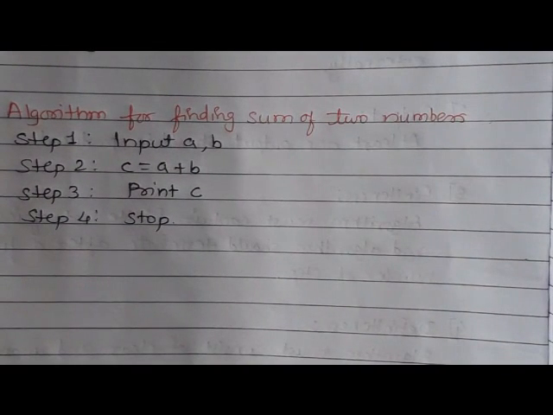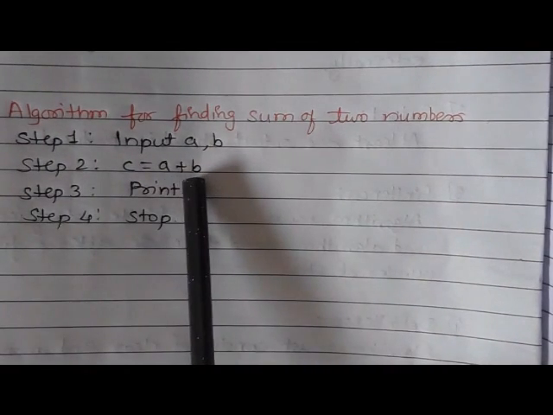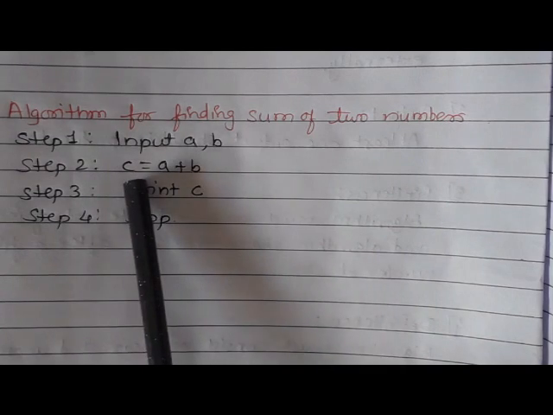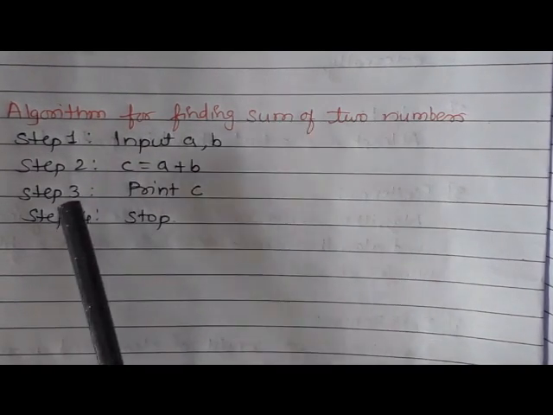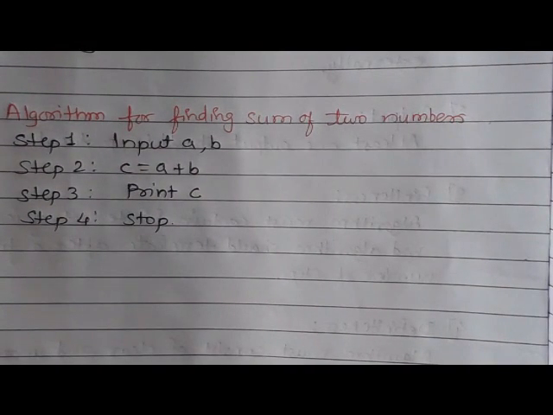Now the second step: add the two numbers which are in memory, that is A and B, and store the result. So in step 2 we add the two numbers and store the result in variable C. The third step: after adding, we display the result on the screen.